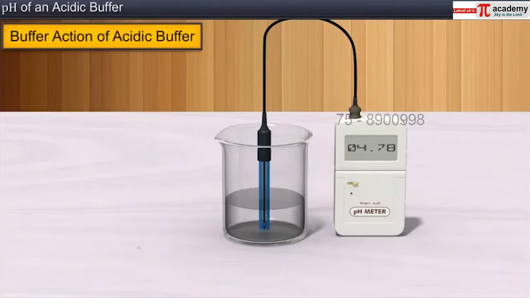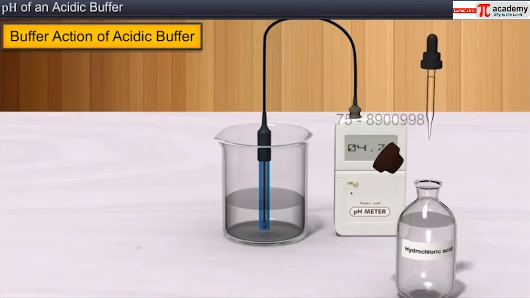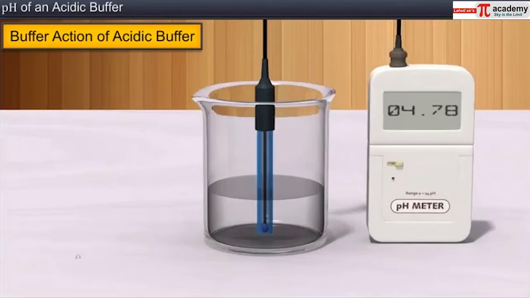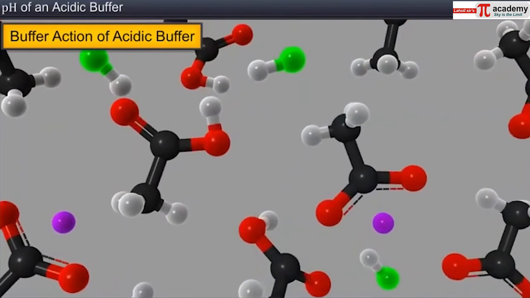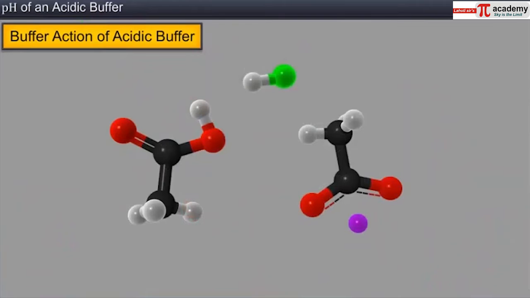Let's now study the buffer action of an acidic buffer consisting of a mixture of acetic acid and sodium acetate. Add a few drops of hydrochloric acid to this mixture. Since hydrochloric acid is a strong acid, it will dissociate completely to release hydrogen ions into the mixture.